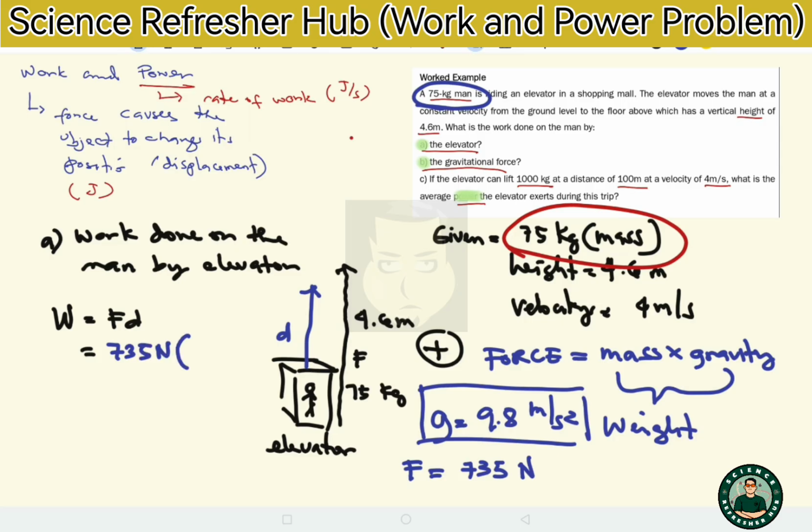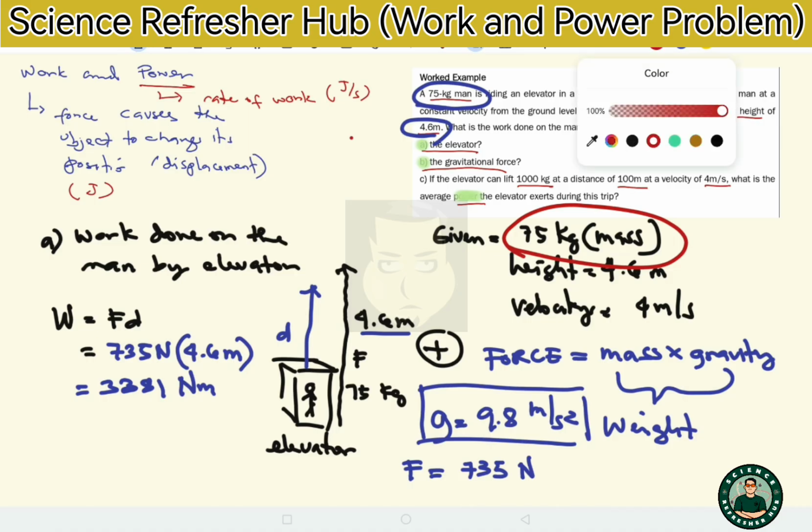Okay, so force, our F here, it's gonna be this value, 735 Newton. And the displacement of the elevator with the man inside is 4.6. It's in the problem, 4.6. So we will multiply it by 4.6 meters. So 735 times 4.6, the product will be 3,381. The unit is Newton meter, or we can write this unit as joule, right?